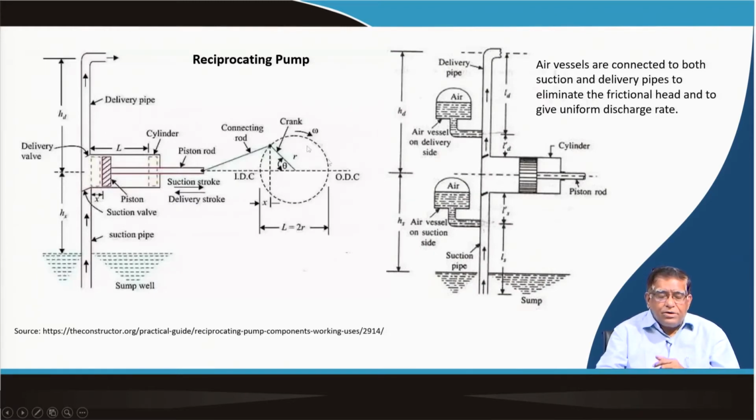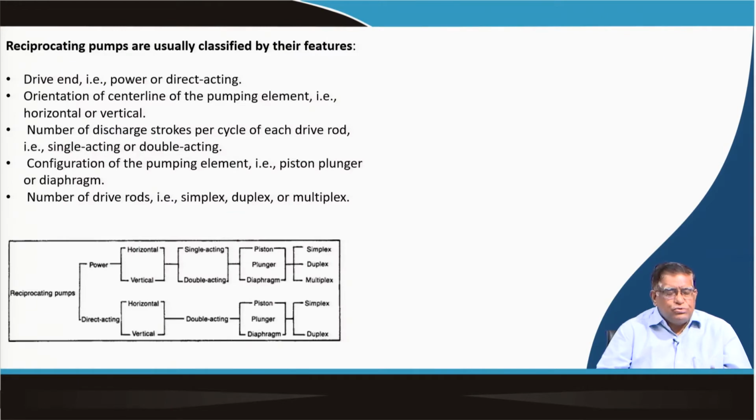Here, this is your suction head and this is your delivery head, the pressure expressed as head. Head is nothing but how high you can lift the water. There is also an air vessel, another addition, so that a uniform discharge is possible. These are the basic principles of the reciprocating pump, which you might have studied in your class 12.